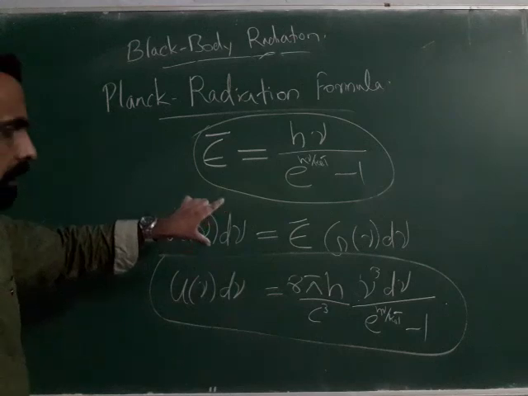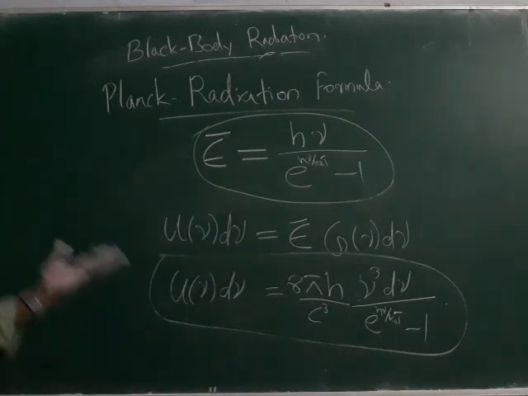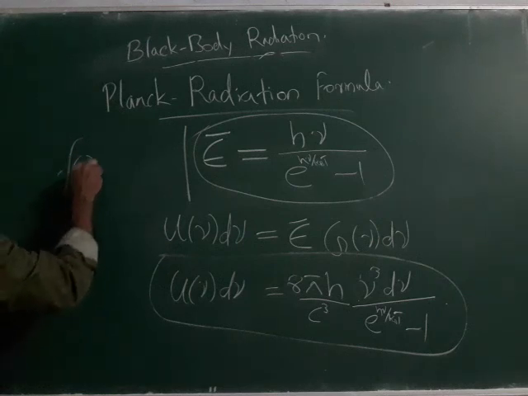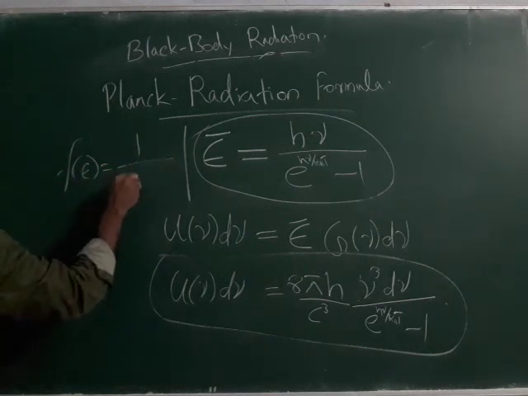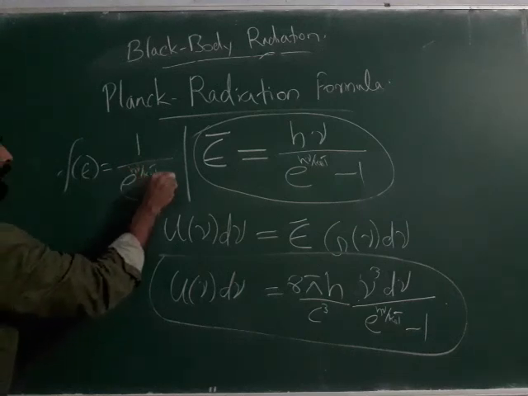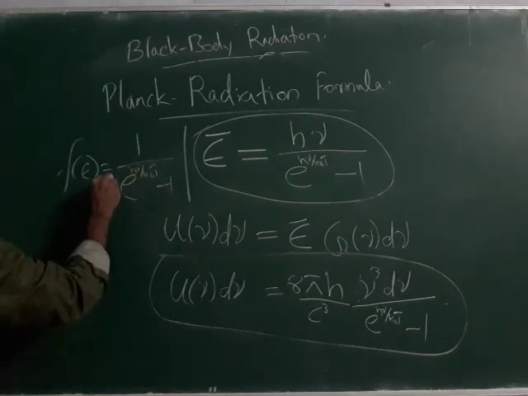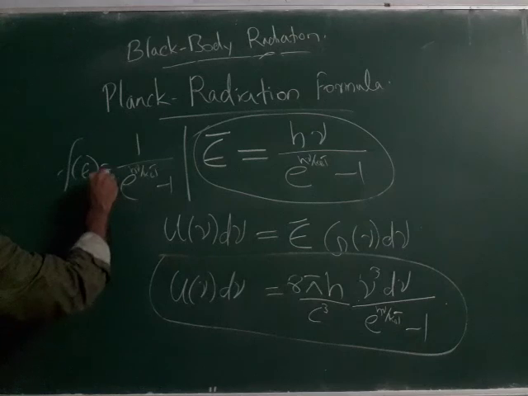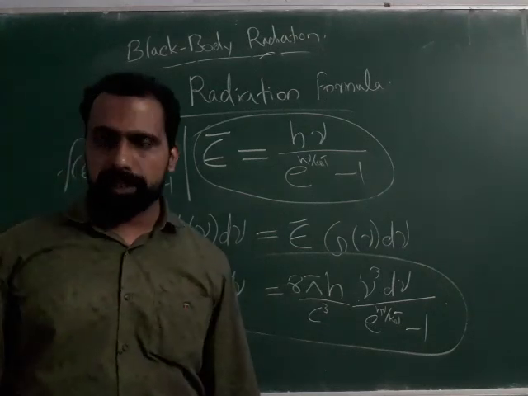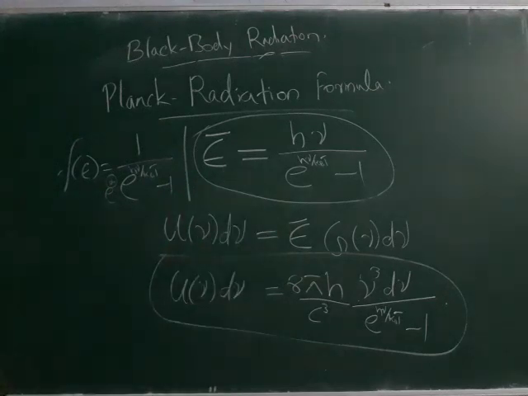Therefore the average energy is h nu by e raised to h nu by kBT minus 1, because here e raised to alpha, this alpha you are taking equal to 0. That is why you are getting this.